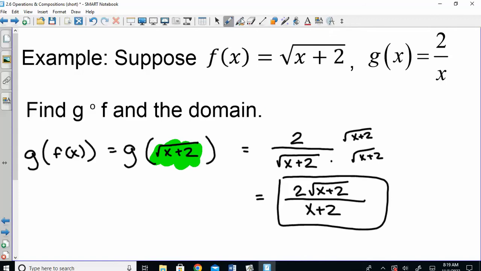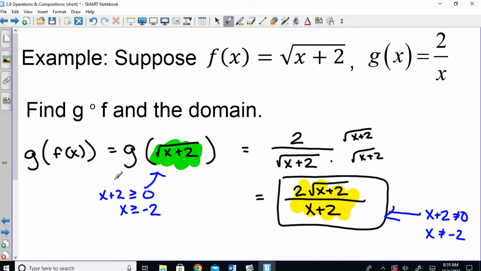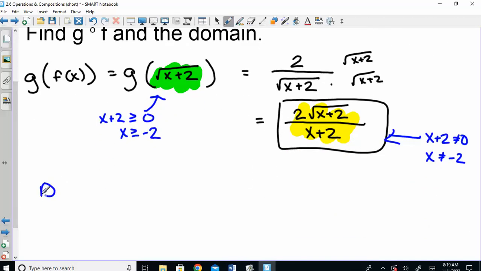Okay, 2 places we have to look: the inside and the final answer. When I look at this inside, if you have a radical, you know the thing underneath has to be greater than or equal to 0. So x has to be greater than or equal to negative 2. When I look at this one, it also has the radical, but we've already figured that part out. It has a fraction, so we know the bottom can't be 0, so x can't be negative 2.